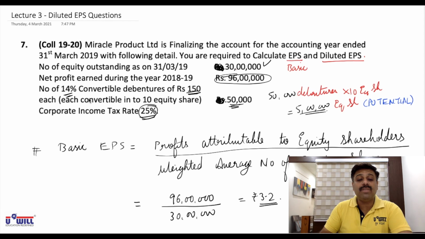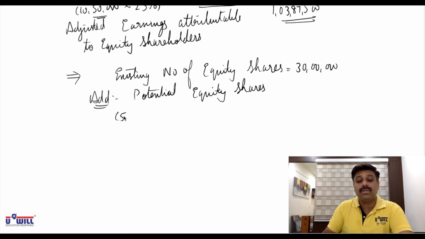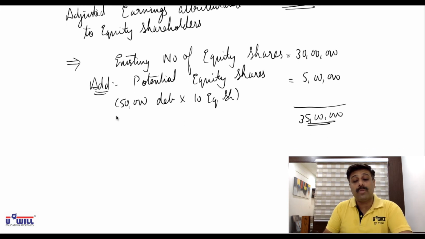So here each debenture will get converted into 10 equity shares. So as we discussed, 50,000 debentures into 10 equity shares. So in future we will have 5 lakh more equity shares. Means adjusted gains will be 35 lakh equity shares. In future, how many equity shares would be there in the company's books? 35 lakhs. So adjusted gains.